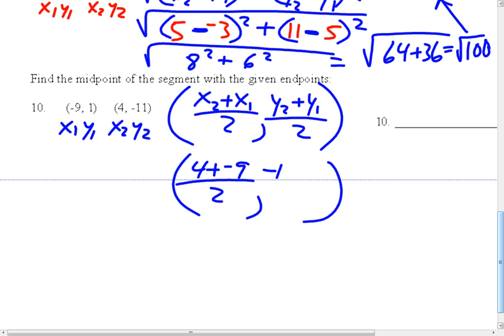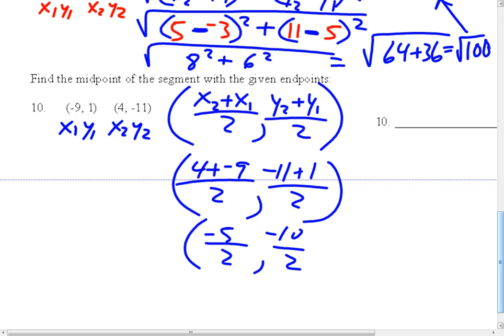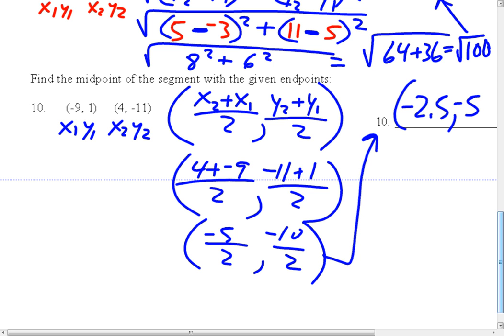I have negative 11 plus 1 over 2. That's okay, but if you can reduce or change that into a decimal that terminates, that actually ends, negative 2.5 and negative 5. How's my arithmetic? Does that look right? Look good?